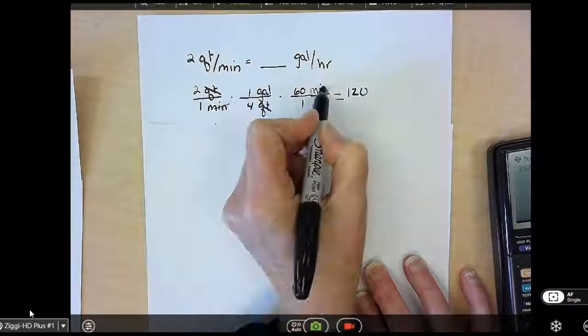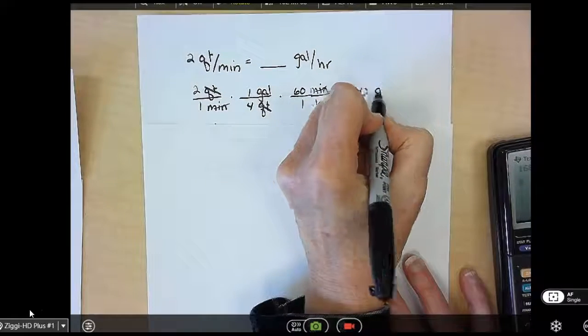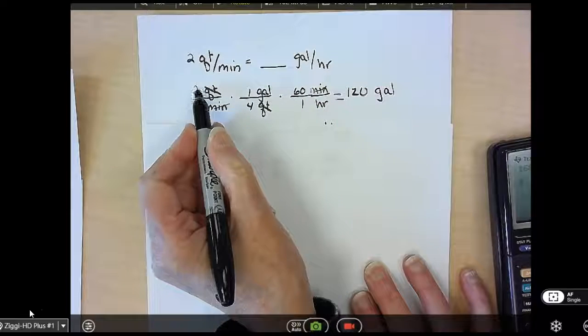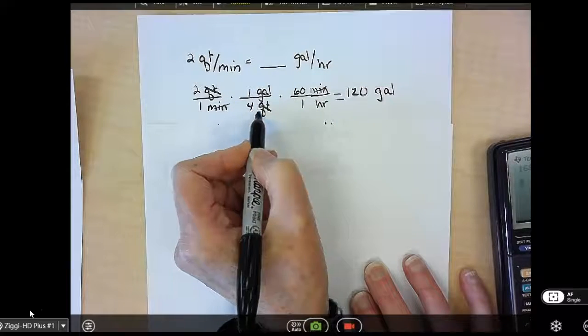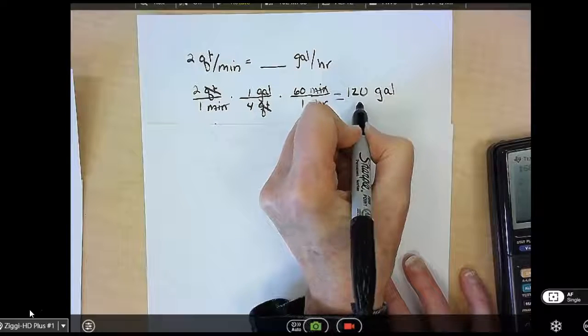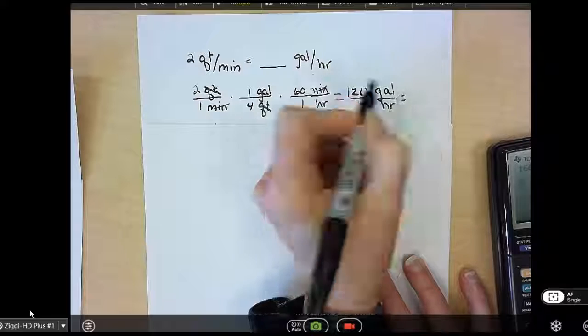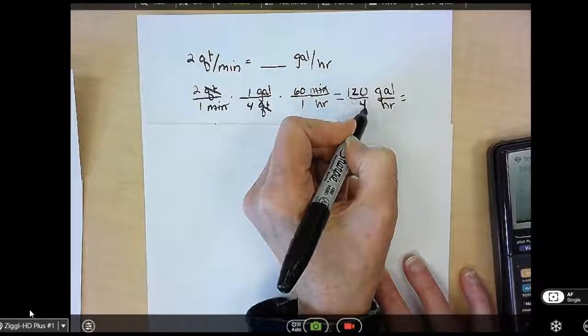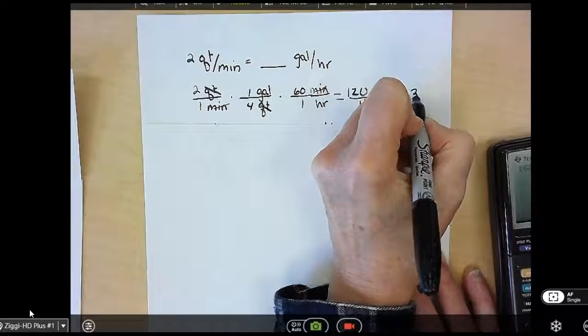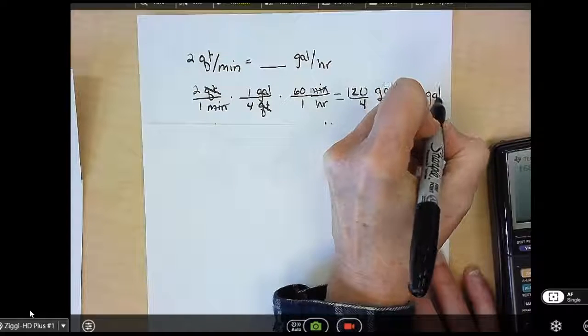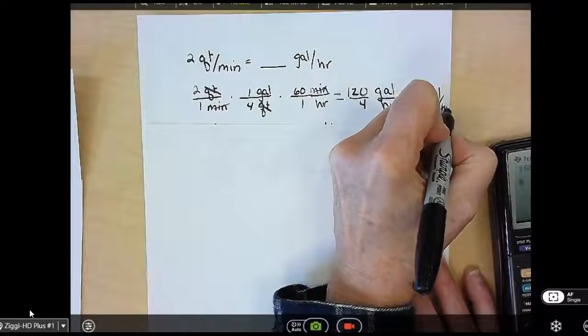My minutes canceled, so I have gallons. My units on the bottom, 1 times 4 times 1, and the only thing left is hours. So 120 divided by 4 is 30 gallons per hour.